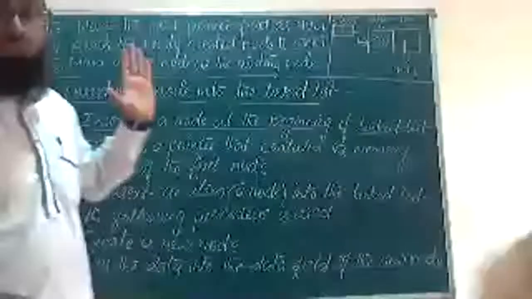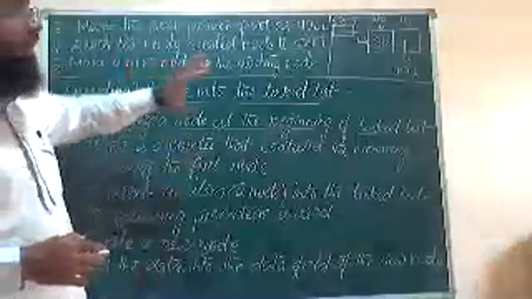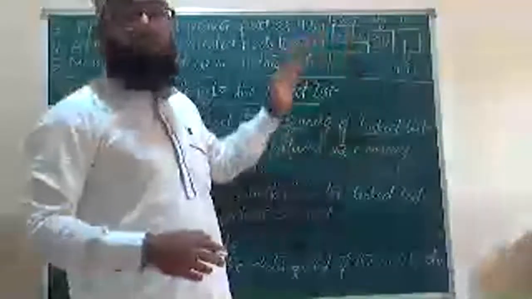Okay, make the new node the starting node. This means the new node itself has been created. By following all the four steps, make this node the new node. Like this, we can insert a node at the beginning of the linked list.